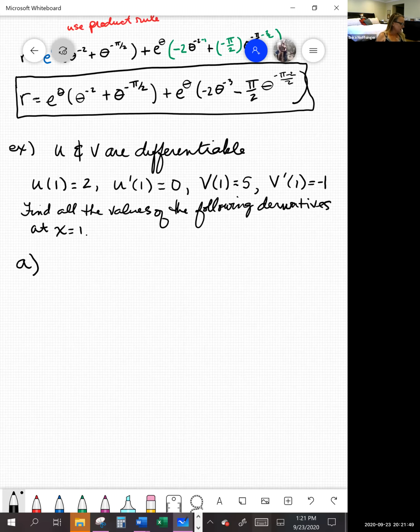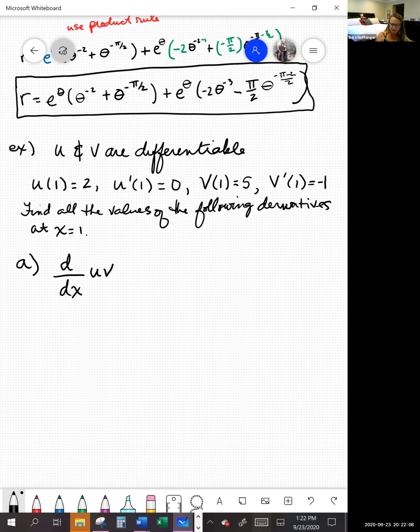So the first one they want us to find is the derivative of u times v. So notation wise, d dx of uv. So this is saying that I haven't taken the derivative of our function yet.